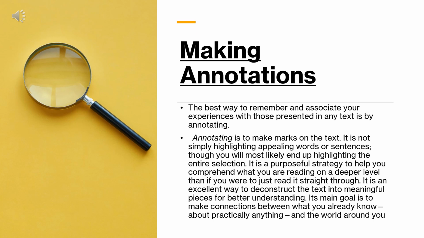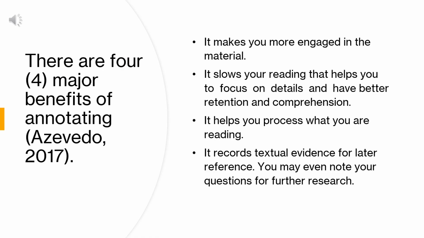So those are included under making annotations, okay? Again, annotating is to make marks on the text. It is not simply highlighting appealing words or sentences, though you will most likely end up highlighting the entire section. It is a purposeful strategy to help you comprehend what you are reading on a deeper level, okay? So again, you call it annotating.